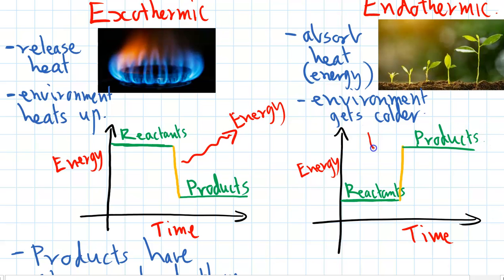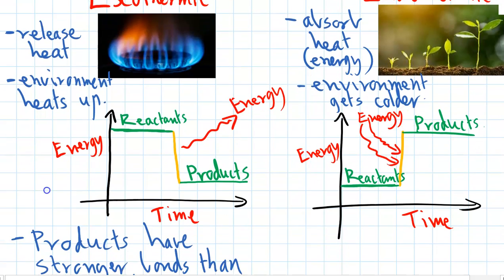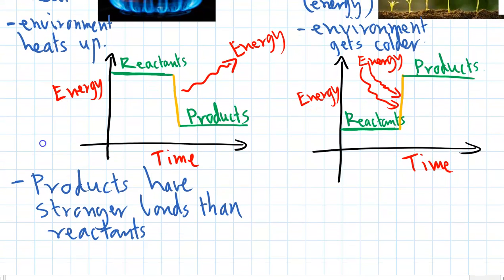And then we can also draw our lines to show energy is going in during the reaction to make the products. Okay, so that means if the reactants are really stable at the start, that means they have stronger bonds than the products do. So in an endothermic reaction, it's really easy to take those products and go and react them with something else to make another reaction happen.